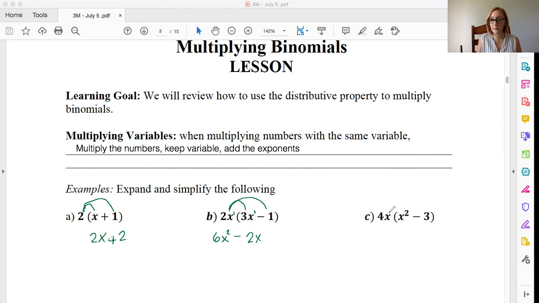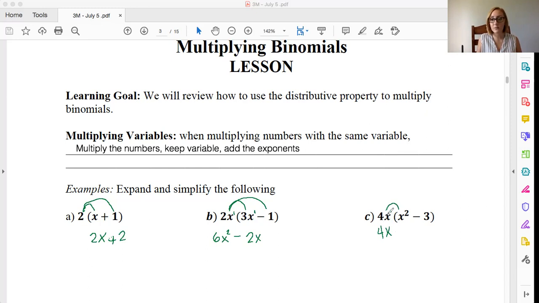Let's look at the next one here: 4x times x squared. You multiply the numbers. We've got an invisible 1 in front here. When in doubt, if there's no number, just assume it's a 1. That's your best bet. So we do 4 times 1, which is 4. Same variable.